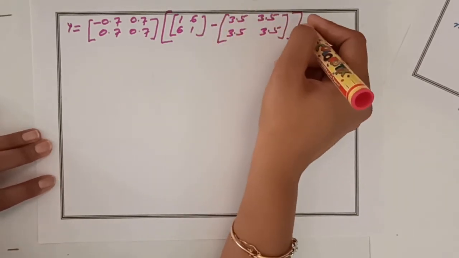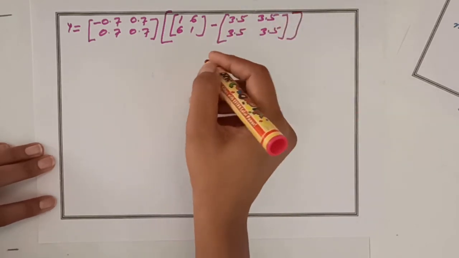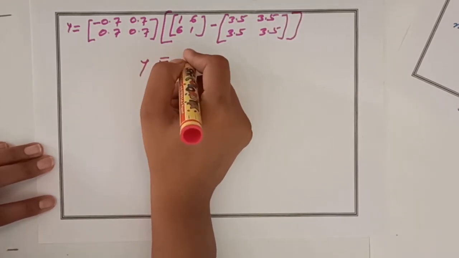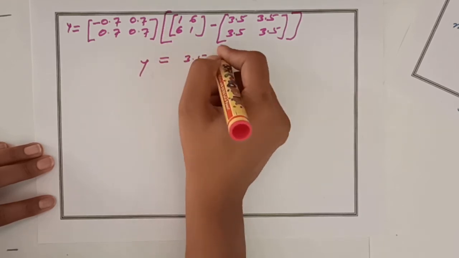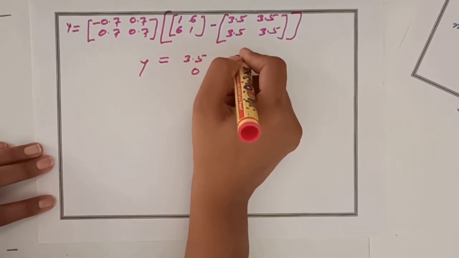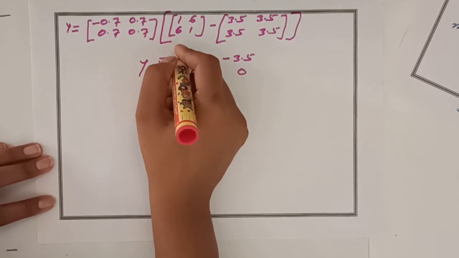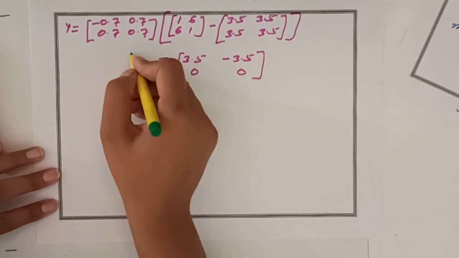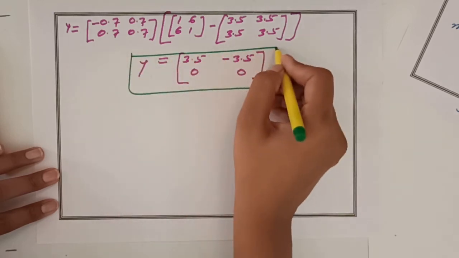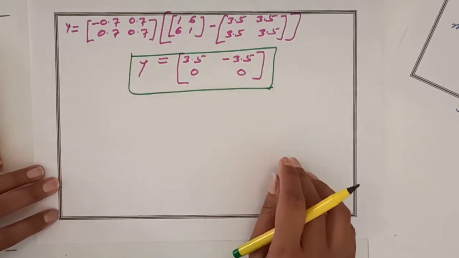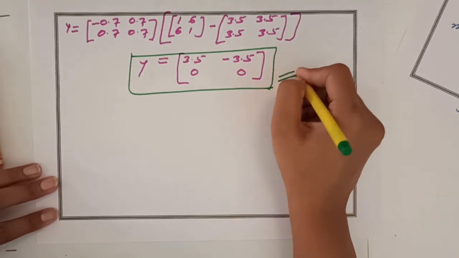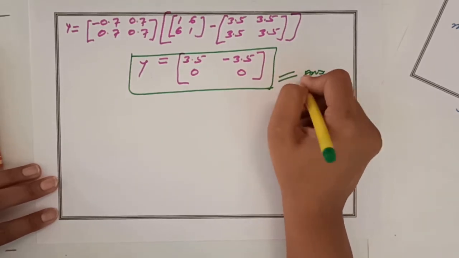Now simplify it. If you simplify it, you will be getting the y as a 2 cross 2 matrix with the same order, and the coefficients will be 3.5, 3.5, 0 and 0. So this is the way to calculate the KL transform, and this would be the answer.